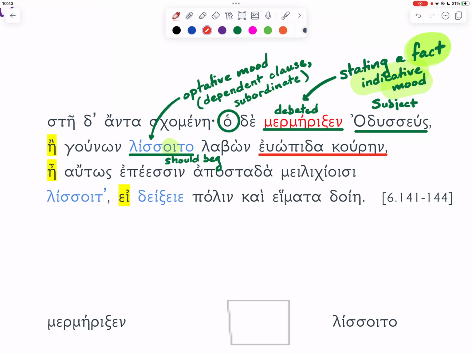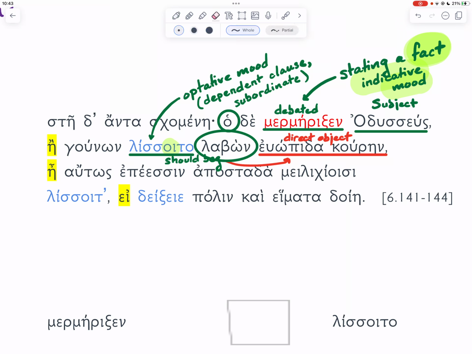Elopidakourein, right? So that's going to be our direct object. And remember, red is accusative. Whether he should beg or entreat this beautiful maiden, and now I have a participle, labon.